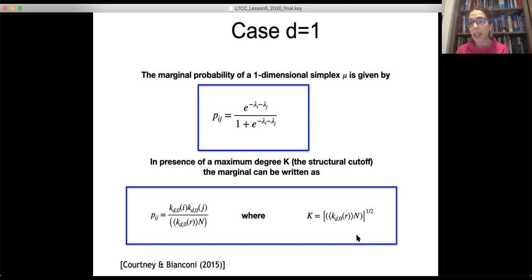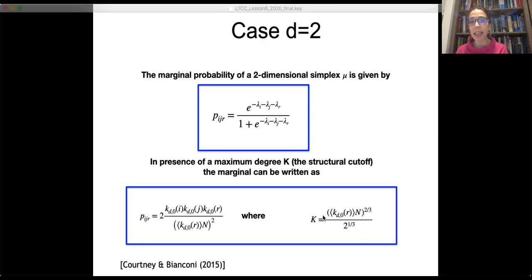If we want to look at the first non-trivial case of d equal to 2, we find the product here of three Lagrangian multipliers enforcing the generalized degrees of nodes i, j, and r when we look at the probability of a triangle between these three nodes.